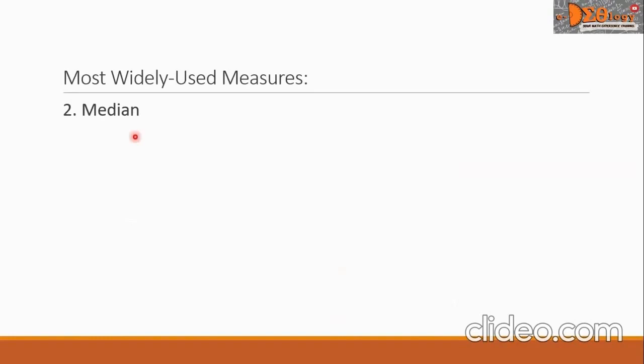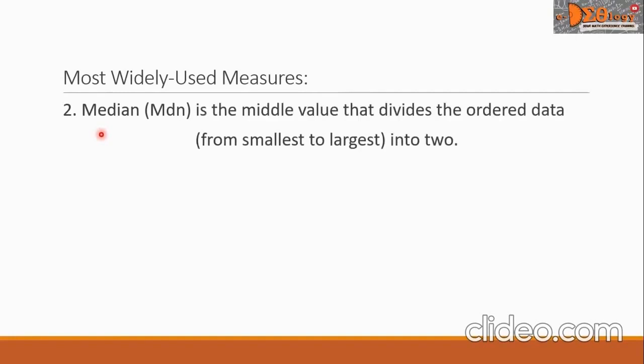Let's have the second measure, and this is the median. In books, we can see the symbol as capital M, D, N for the median. As defined, median is the middle value that divides the ordered data from smallest to largest into 2. We're going to use this formula, MDN equals n plus 1 over 2.